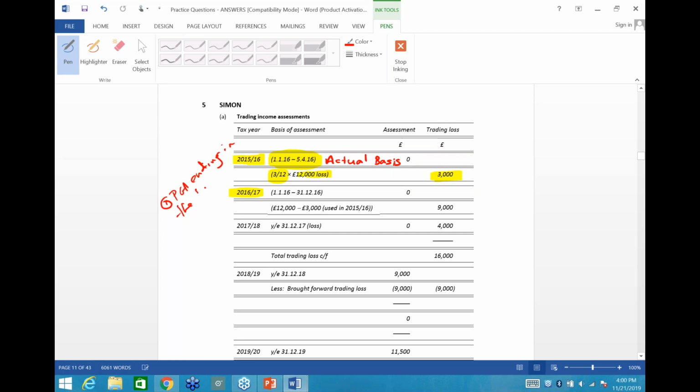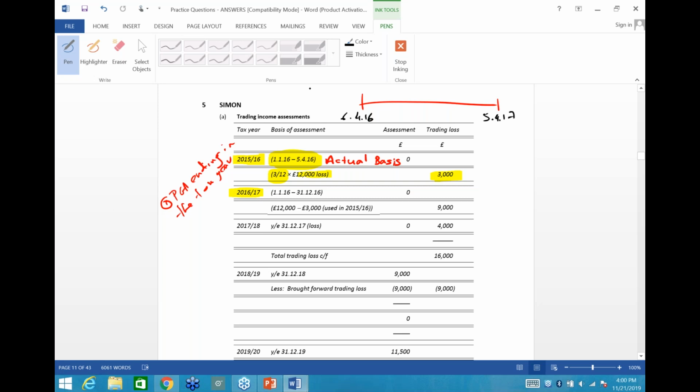So the 16-17 tax year starts on the 6th of April 2016, 6th of April 16 to 5th of April 17. This is the 16-17 tax year.